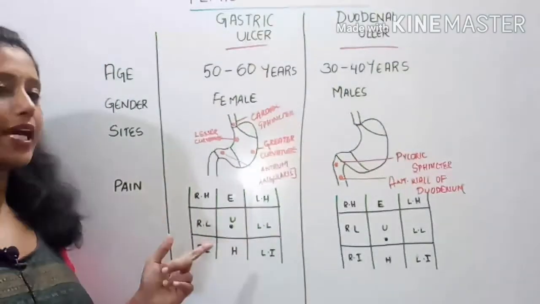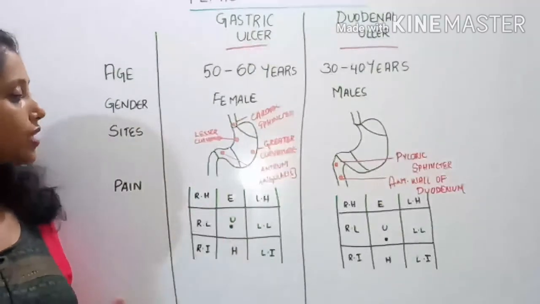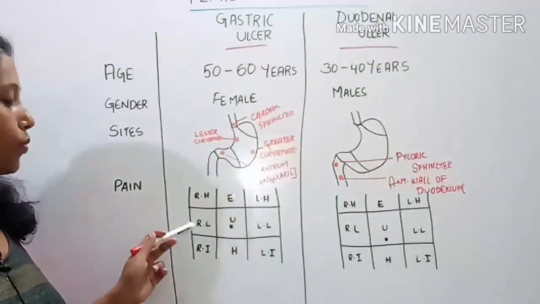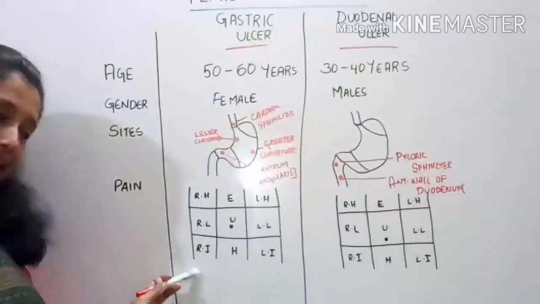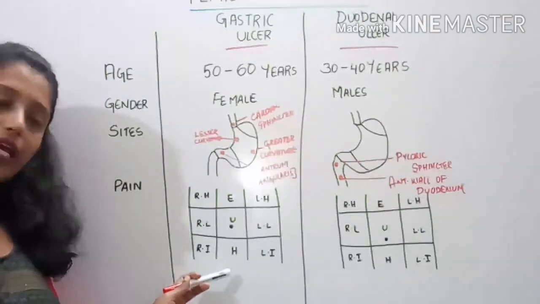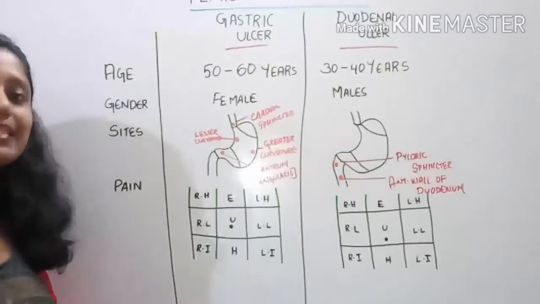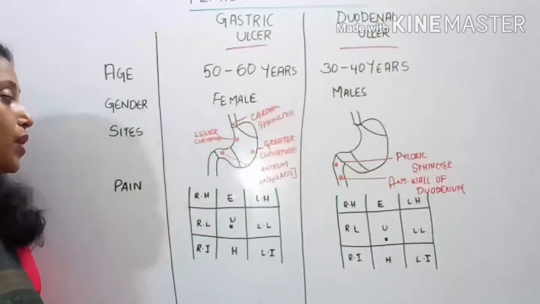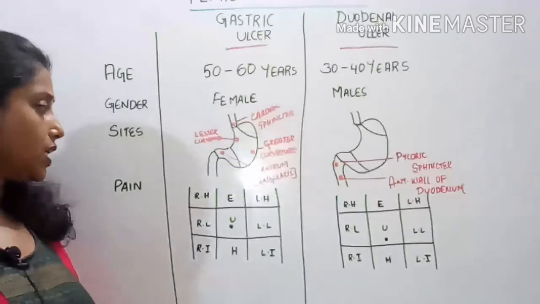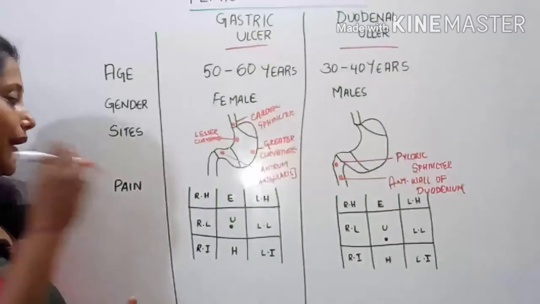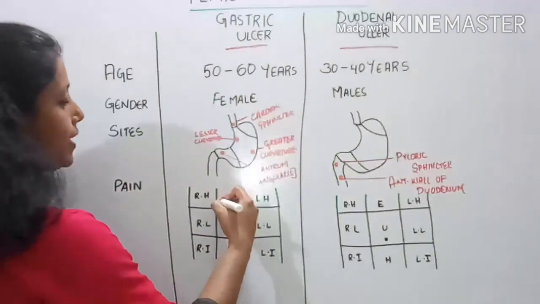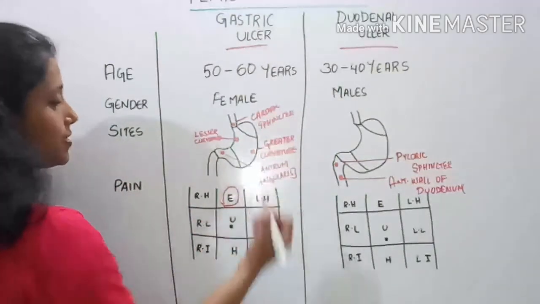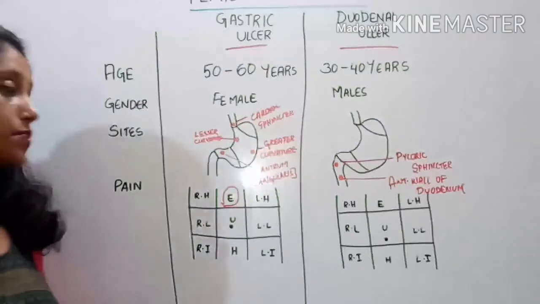They are right hypochondriac, epigastric, left hypochondriac, right lumbar, umbilicus, left lumbar, right inguinal, hypogastric and left inguinal. So these are the 9 quadrants of the abdominal wall. So the main site of pain in gastric ulcer is the epigastrium. Okay, so this is the area where the patient gets pain.